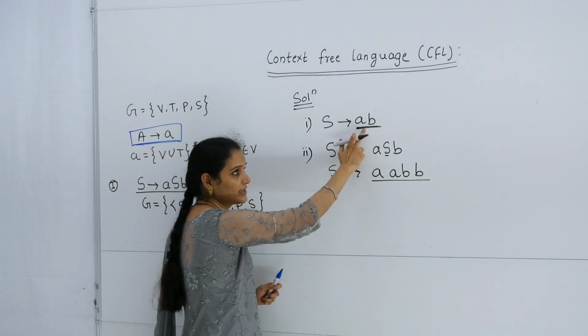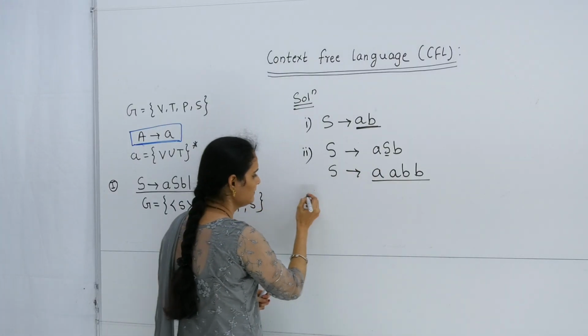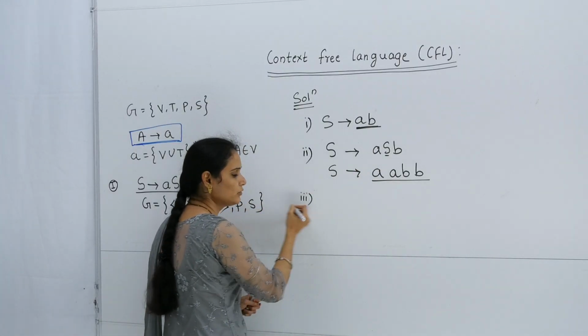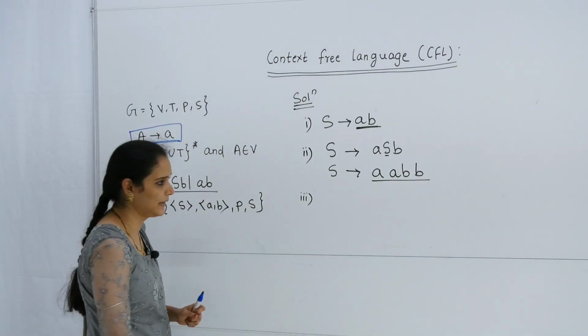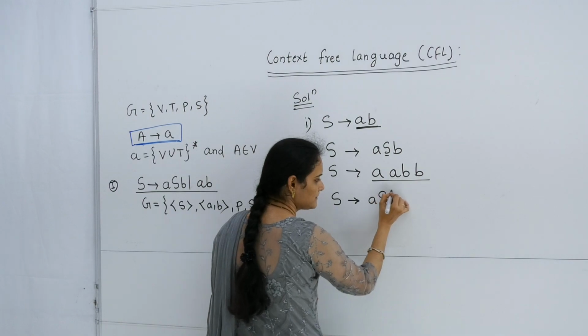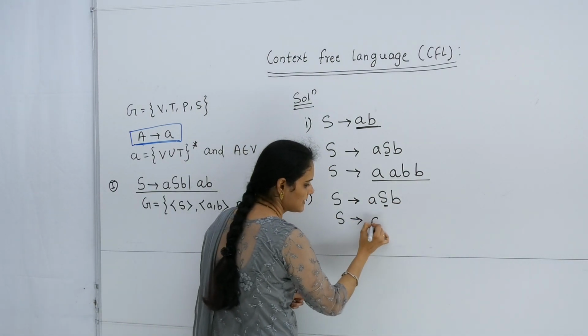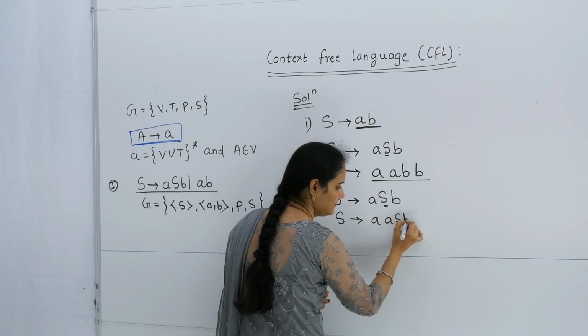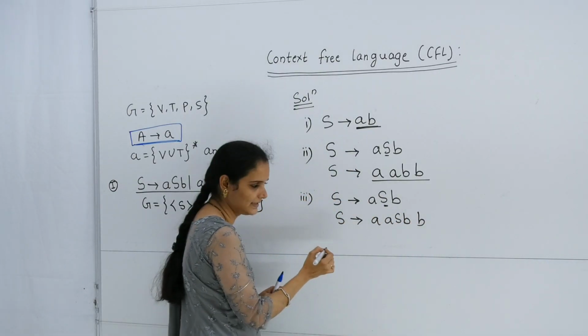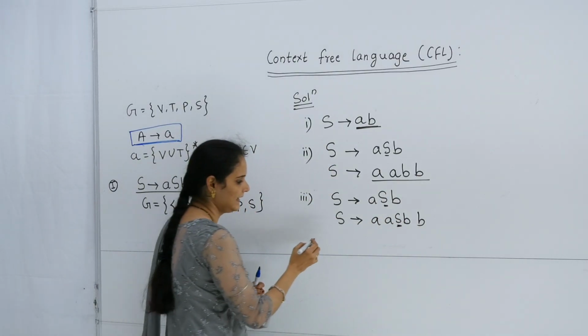See the students, first string derived is AB, second string derived is AABB. Now we are moving towards deriving the third string. S produces ASB, and that S can be replaced again by ASB. So ASB and that B as it is. Now again I want to replace that S by ASB.